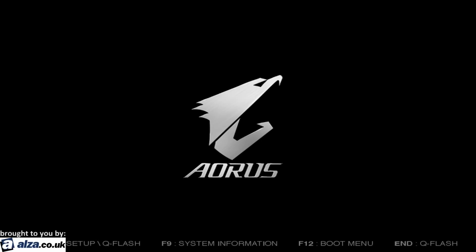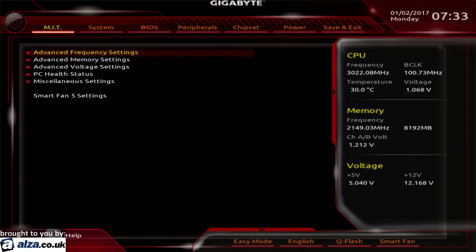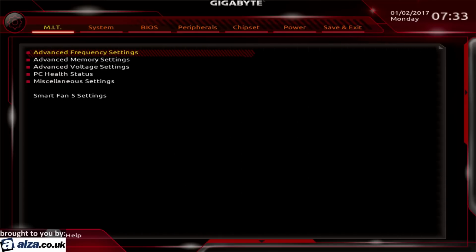Because even though Ryzen has a built-in system for recovering from bad memory settings, for some reason it doesn't seem to be working very well on Gigabyte boards. Though on the ASRock Taichi I've also been able to get the board stuck in a boot loop. So it's not like Gigabyte's the worst at it, but I have noticed that I'm using the reset pins a bit more than I would consider normal.